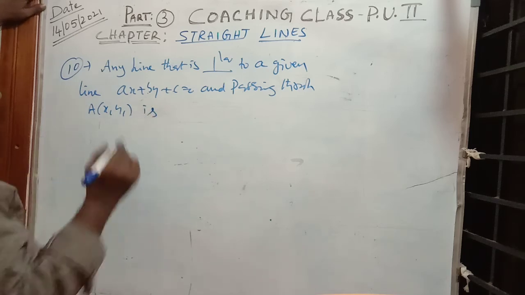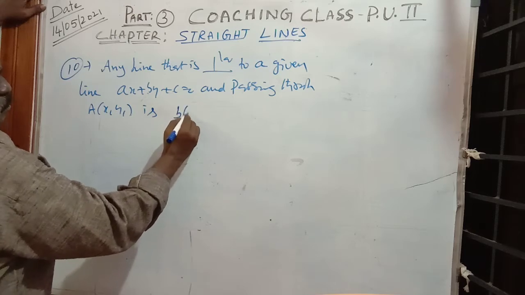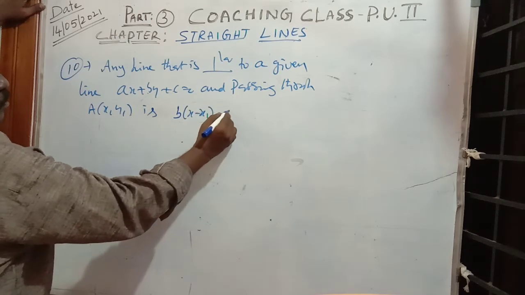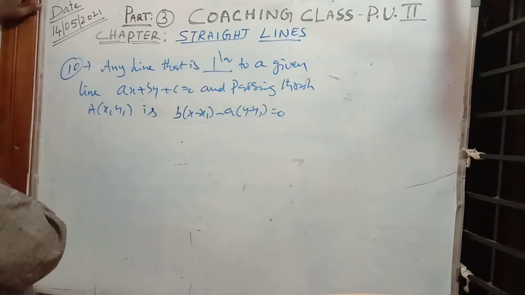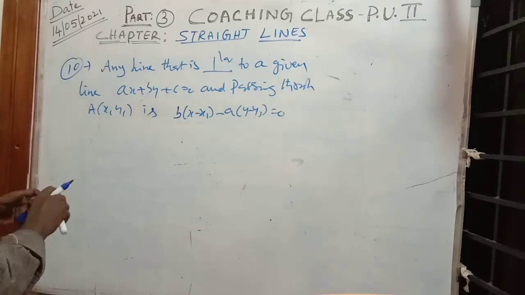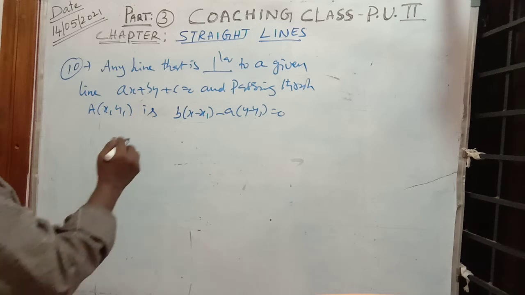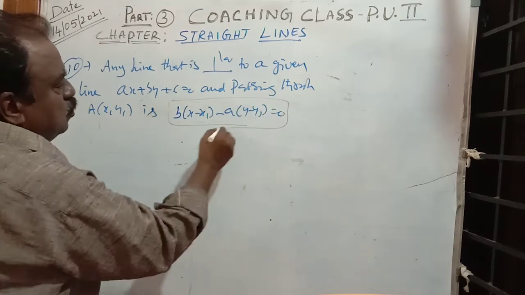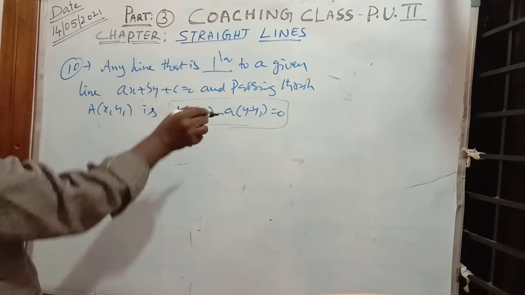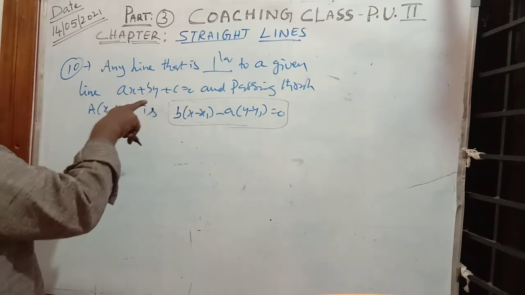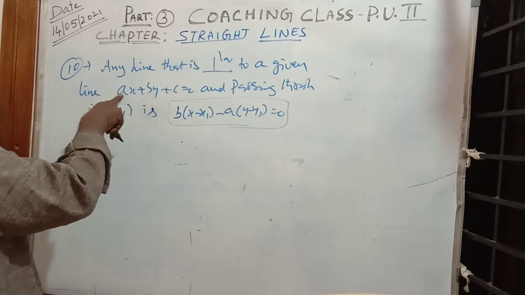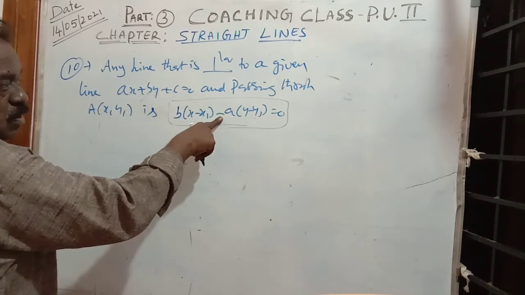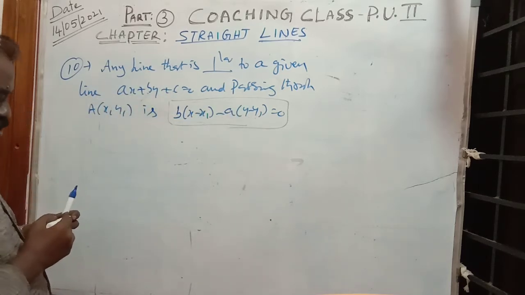Observe, it is b of x minus x1 minus a of y minus y1 is equal to 0. A lot of difference is there. There we use the same a of x plus b of y, but here the coefficient of y becomes the coefficient of x, and the coefficient of x becomes minus the coefficient of y.